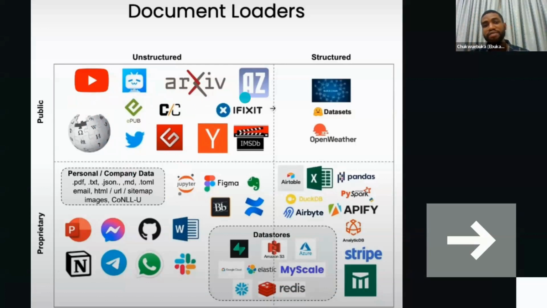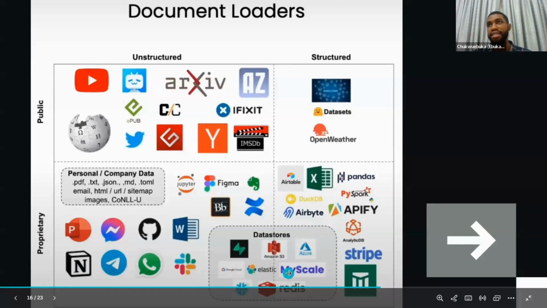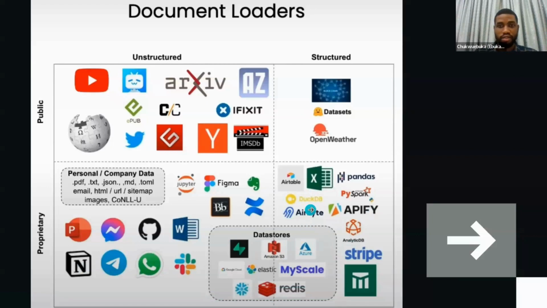If it is in PDF, PPT, even a Notion file, something from Telegram, WhatsApp, Slack, it doesn't matter. Even if it is from data stores like S3 buckets, Supabase, it doesn't matter. Langchain has all of that covered.